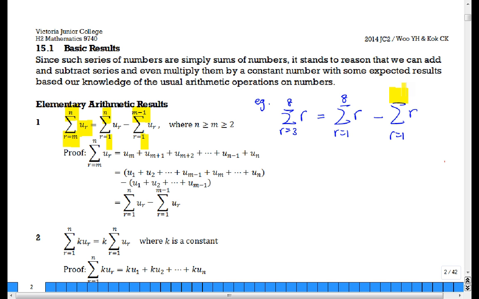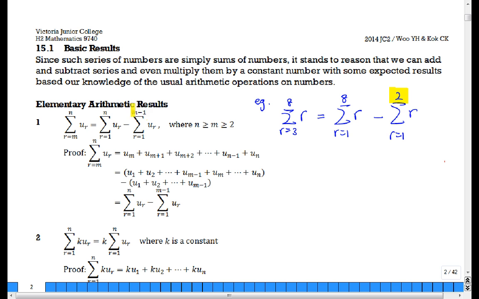Is it obvious that it's 2? So therefore it is 3 minus 1, right? Follow what I'm saying? So I take 1 plus 2 plus 3 plus 4 all the way to 8, minus away 1 plus 2, which means this must be a 2, which explains why this general equation is true.